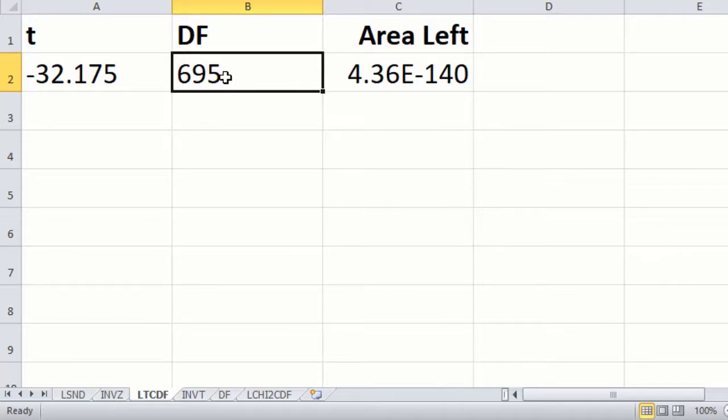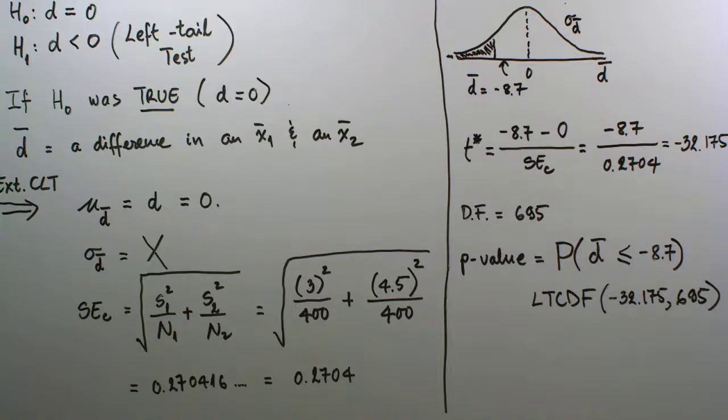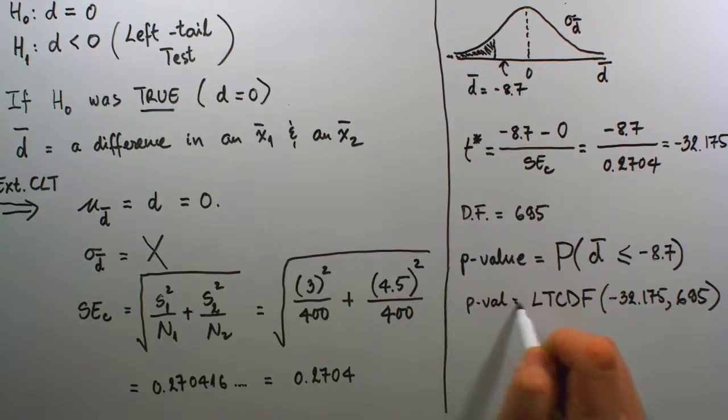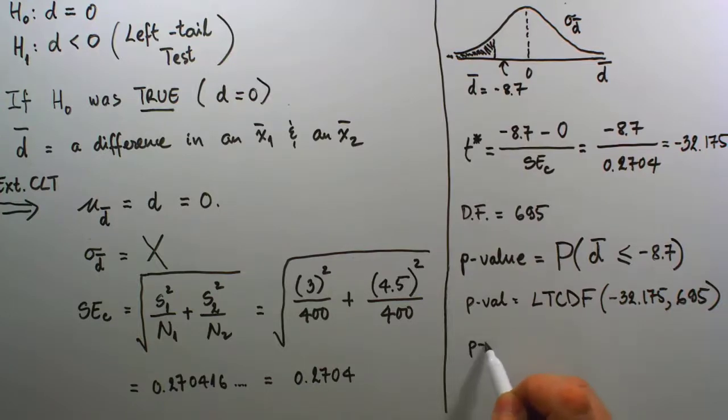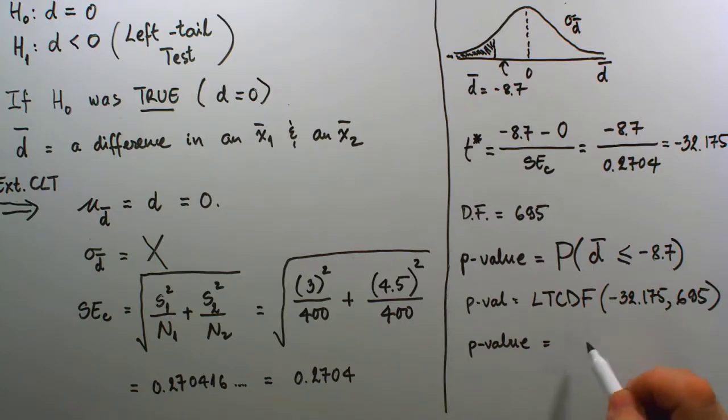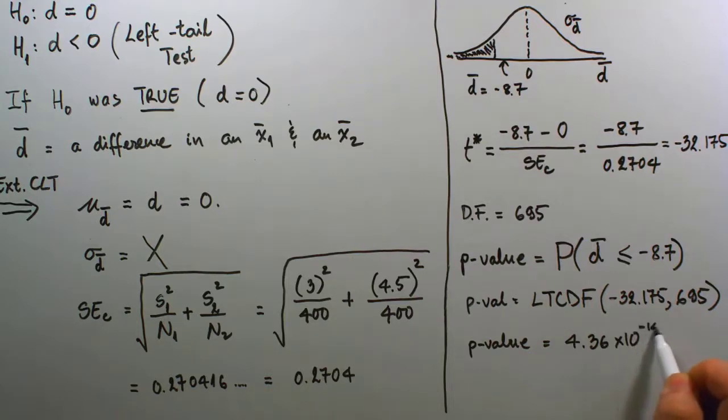And so this is how big that shaded area is to the left of negative 8.7 on our current bell curve. This means on my writing board, our final p-value in scientific notation is 4.36 times 10 to the negative 140.